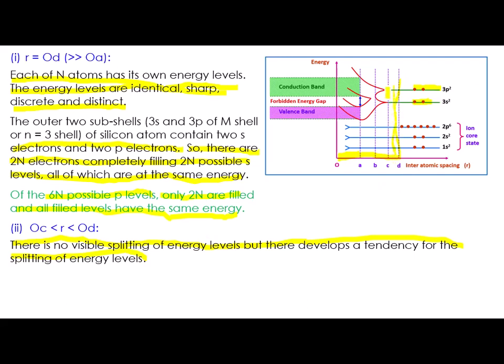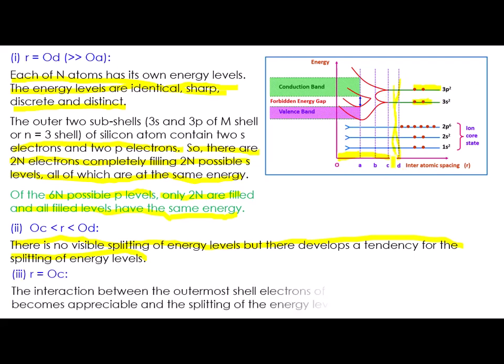And when R is exactly OC, the interaction between the outermost shell electrons of neighboring silicon atoms becomes appreciable, and the splitting of energy levels commences. The splitting of energy levels starts at this point.